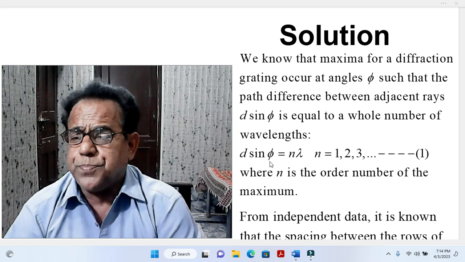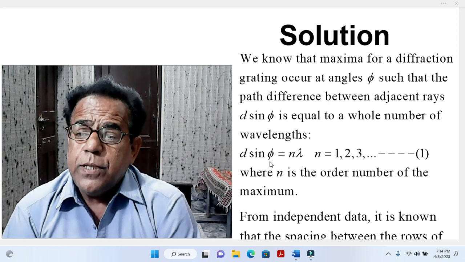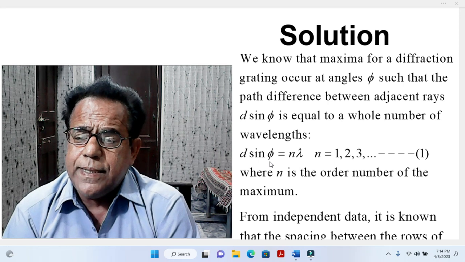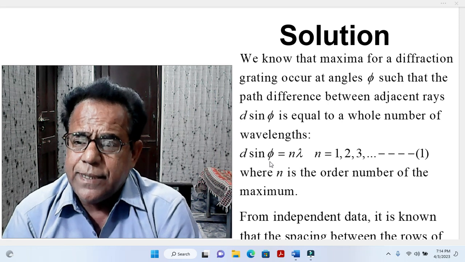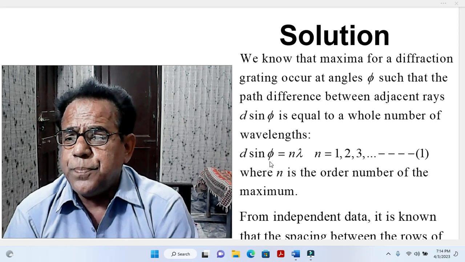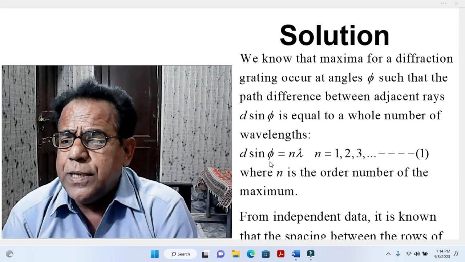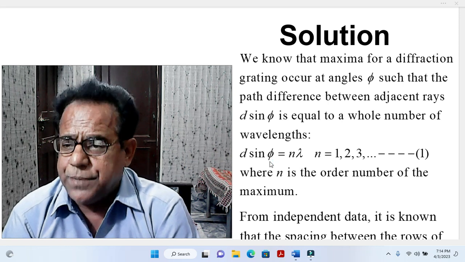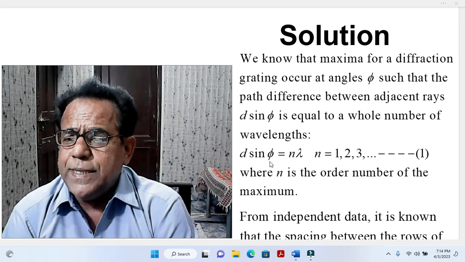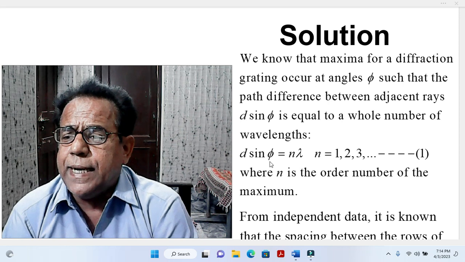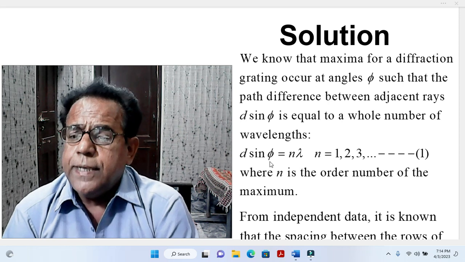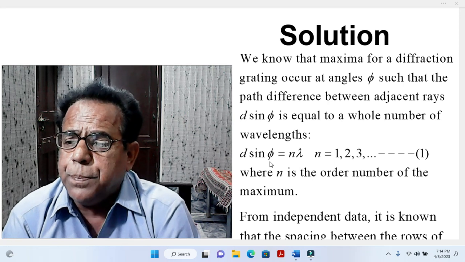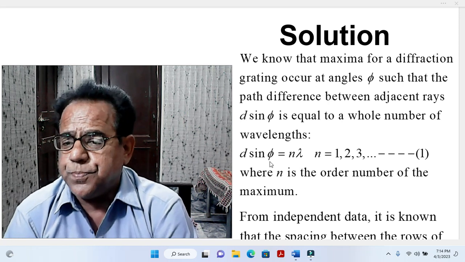This expression says we know that maxima for diffraction grating occur at angles phi such that the path difference between adjacent rays d sine phi is equal to a whole number of wavelengths.